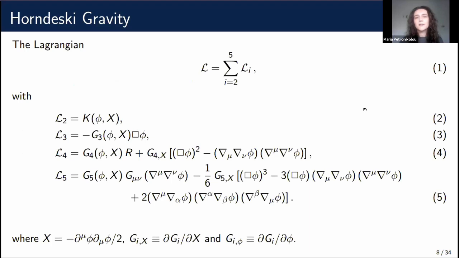The Lagrangian describing this theory, with an extra propagating degree of freedom, is given by equation 1 with the combination of 2, 3, 4, and 5. Here you can clearly see the dependence of these terms on the functions K and G_i, with i running from 3 to 5, which depend on the scalar field phi and its kinetic energy X.